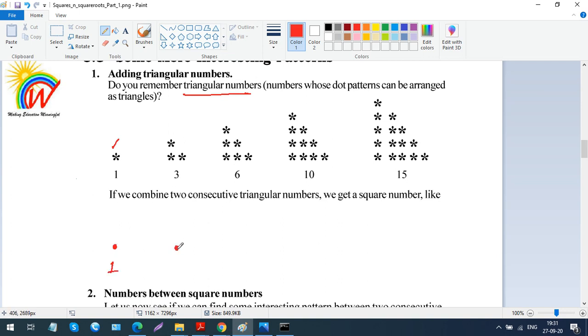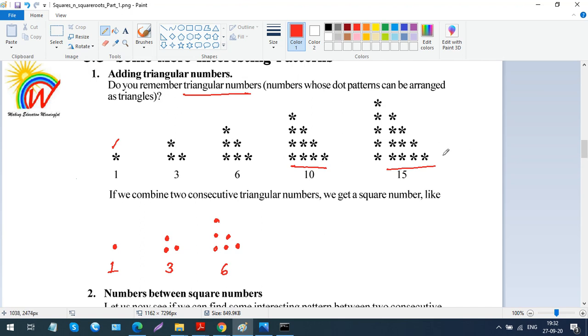Next is 2: in the next line I'll put 2, so this is actually 3 dots. Next, 1 in the first row, 2 in the second row, 3 in the third row. How many does that give you? 1, 2, 3, 4, 5, 6. Similarly, you have 10 and 15 and so on.